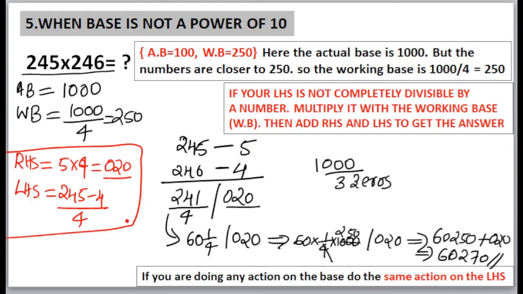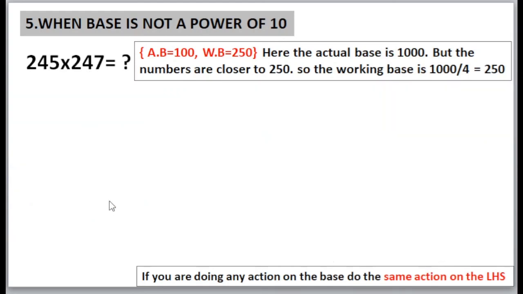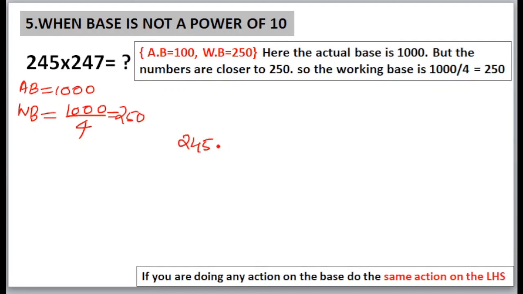Next is 245 and 247. Same question, just a 1 digit difference. So your actual base is 1000 and your working base is 1000 by 4, that is 250. So 245 is 5 less than 250 and 247 is 3 less than 250.